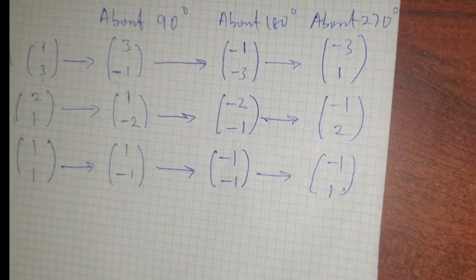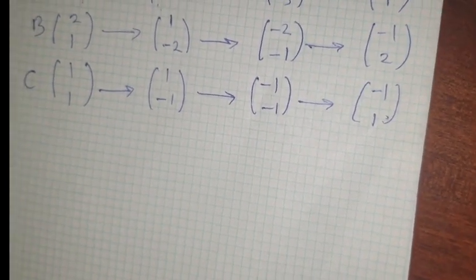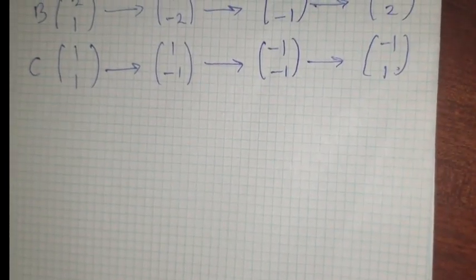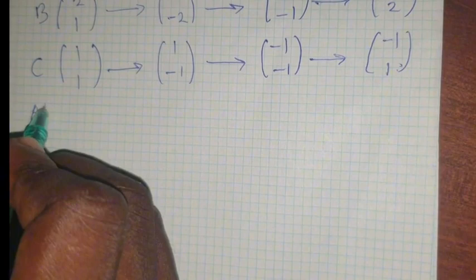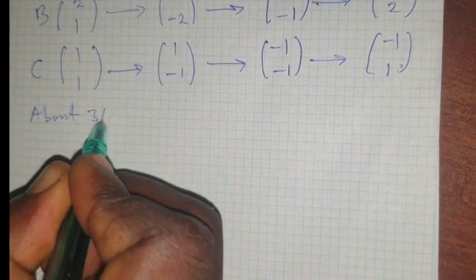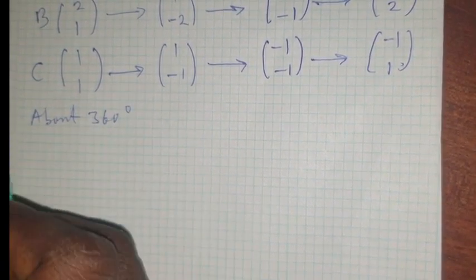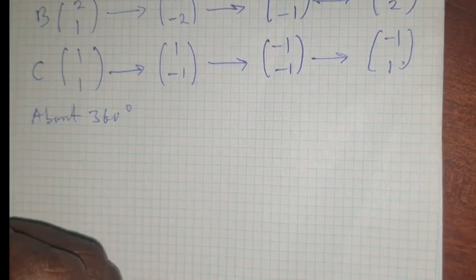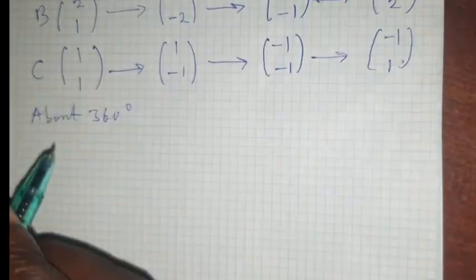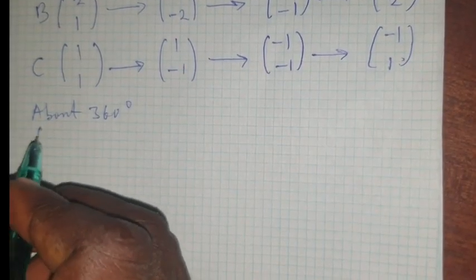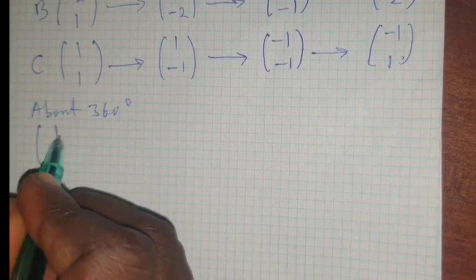So we have about 360 degrees. So we move this, that is for point A, that is 1, 3.